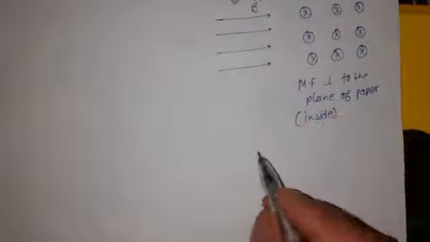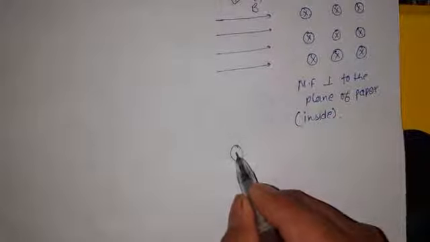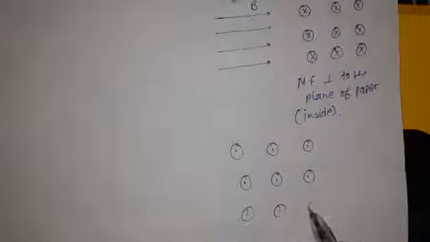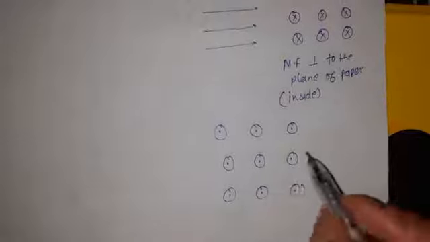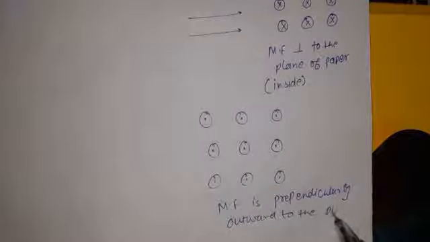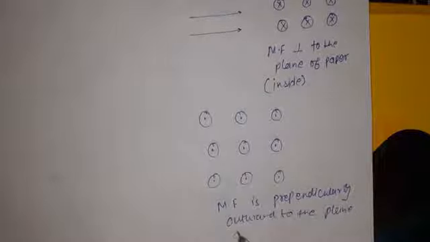field. Similarly, if the magnetic field is coming out of the paper, then we will show it with a dot. So equally spaced dots represent a uniform magnetic field that is perpendicularly outward to the plane of the paper.